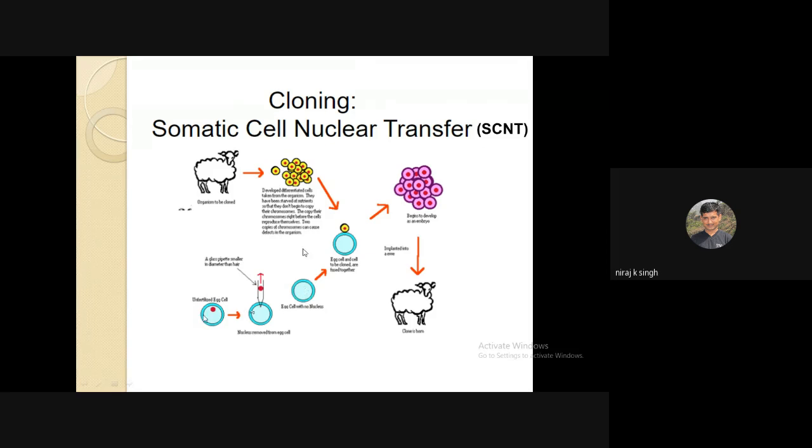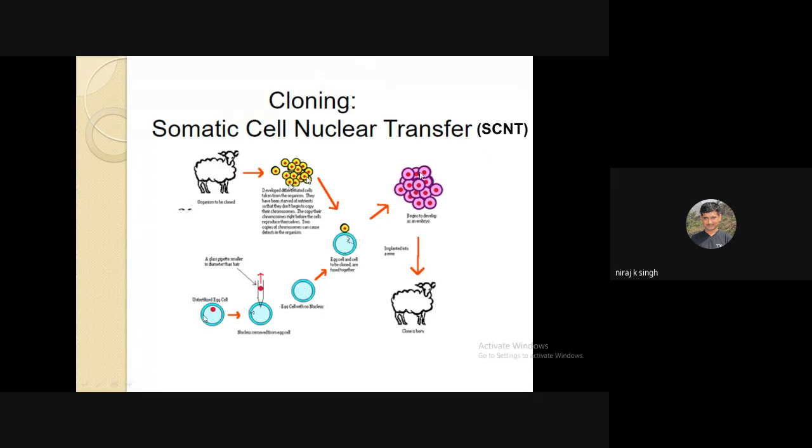Now either we take one nucleus from a diploid cell and transfer it, or directly fuse a diploid cell with the ovum. After fusion, the cell will have some features of the ovum as well as the chromosomes of the diploid cell. This fused cell or nuclear transfer cell has to be given some chemical or electrochemical stimulus.